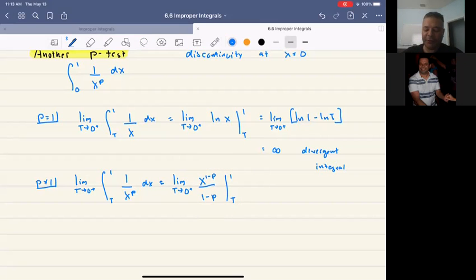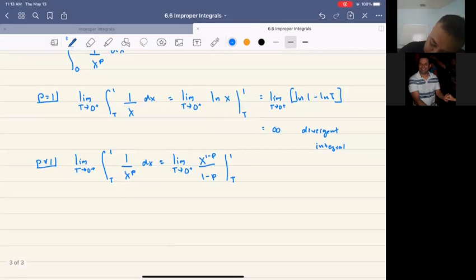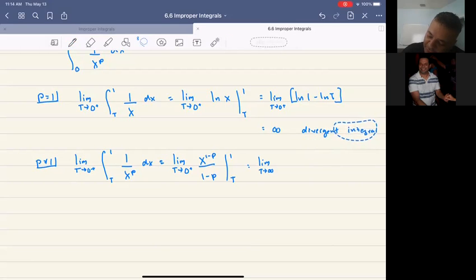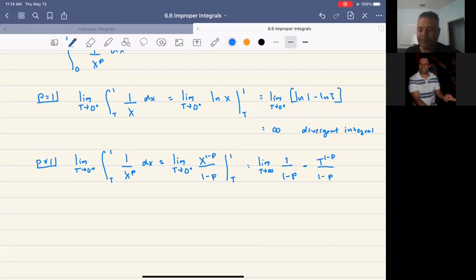Okay, so then that equals the limit as t goes to 0. Let me move that up here. And we're going to get 1 over 1 minus p, that's at 1, minus t to the 1 minus p over 1 minus p.